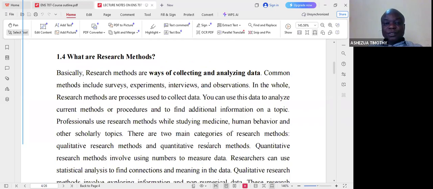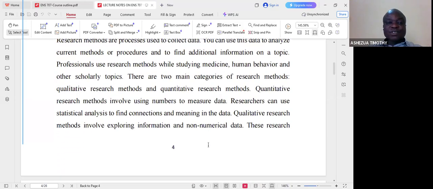There are basically two types of research methods. We have the qualitative research method and we have the quantitative research method. Quantitative research methods involve using numbers to measure. Researchers can use statistical analysis to find connections and meaning in the data.